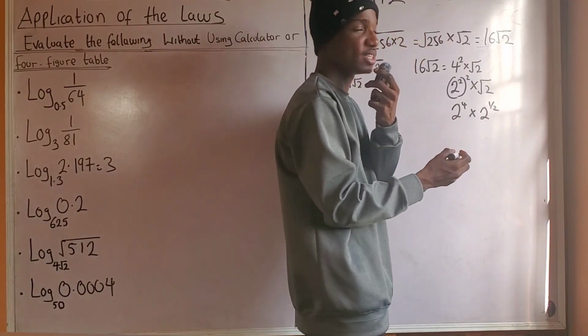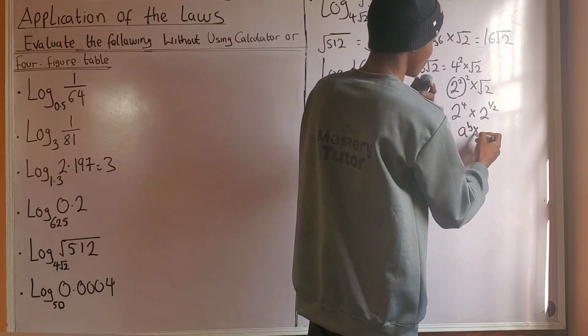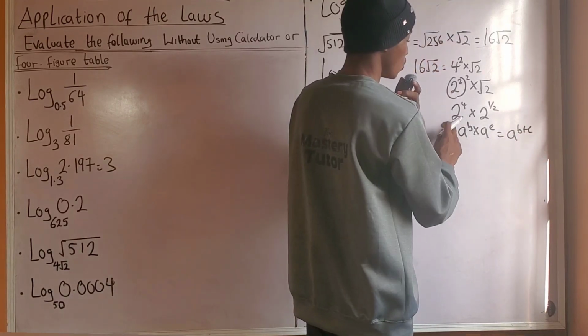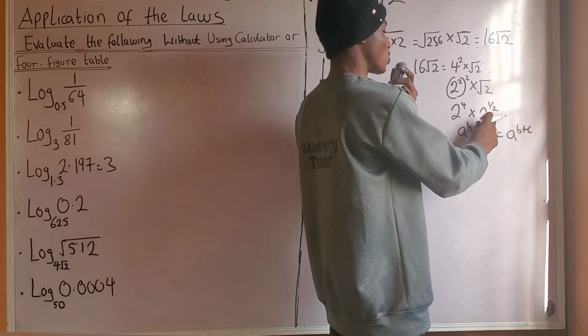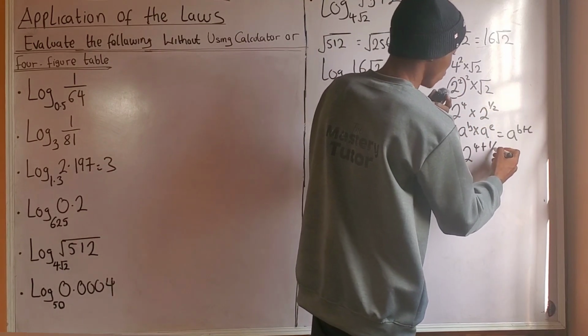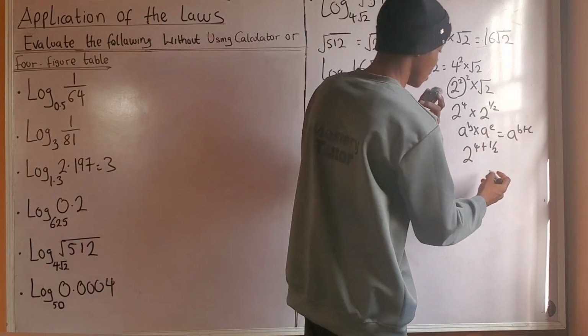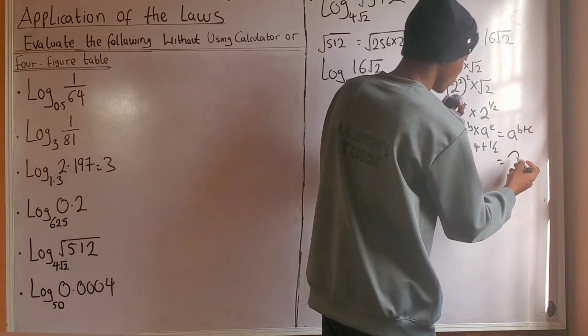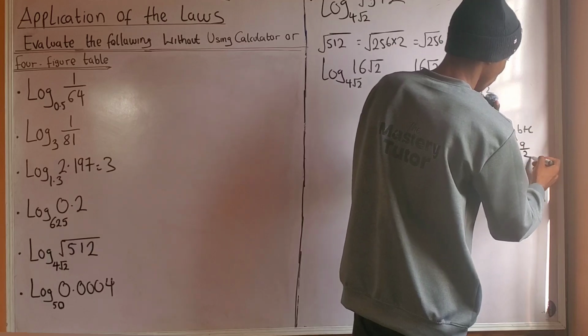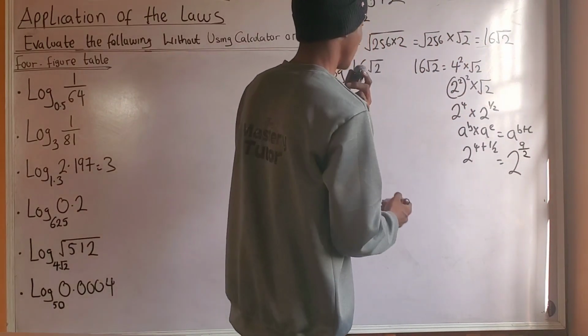And according to the law of indices, a raised to the power of b times a raised to the power of c equals a raised to the power of b plus c. So 2 raised to the power of 4 times 2 raised to the power of 1 over 2 can be written as 2 raised to the power of 4 plus 1 over 2. Take the LCM. This will give me 2 raised to the power of 9 over 2. Do you understand? So that's it.